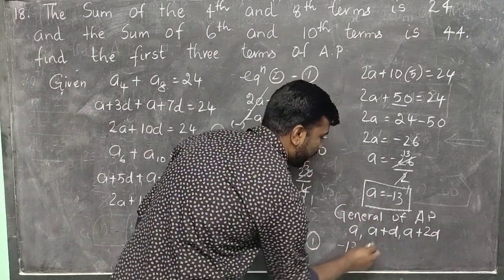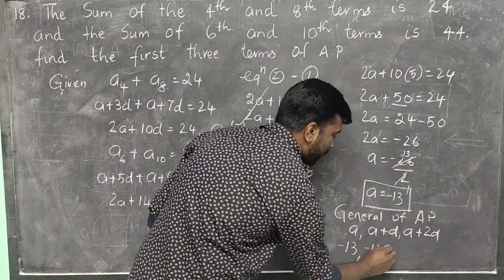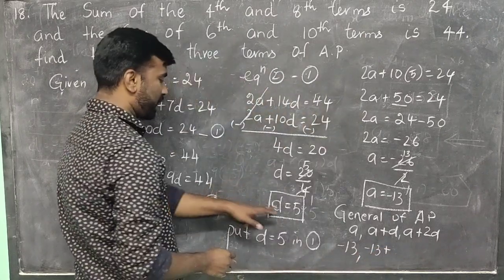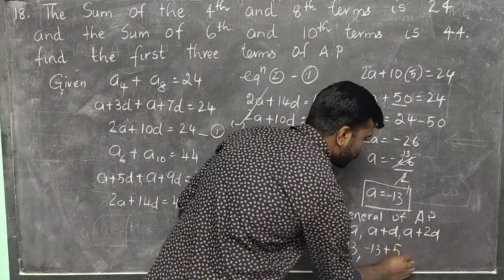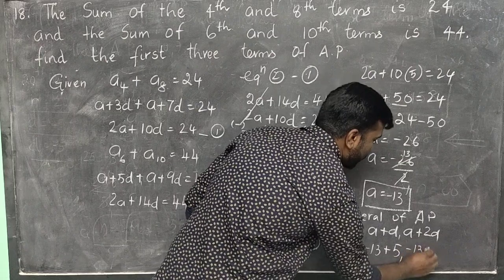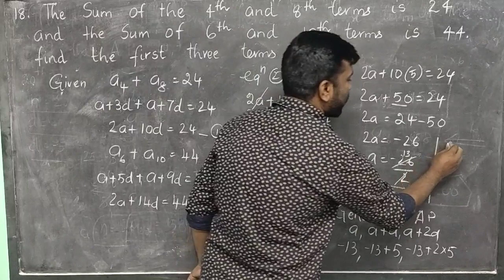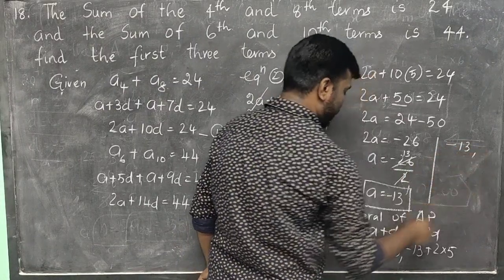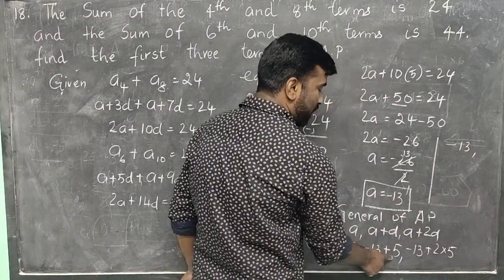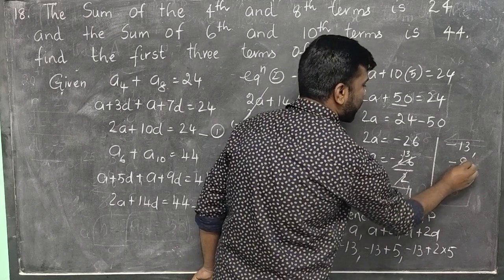Minus 13. Then minus 13 plus the value of D, which is 5, comma, minus 13 plus 2 into 5. Now the first term is minus 13. Next, minus 13 plus 5 is minus 8.